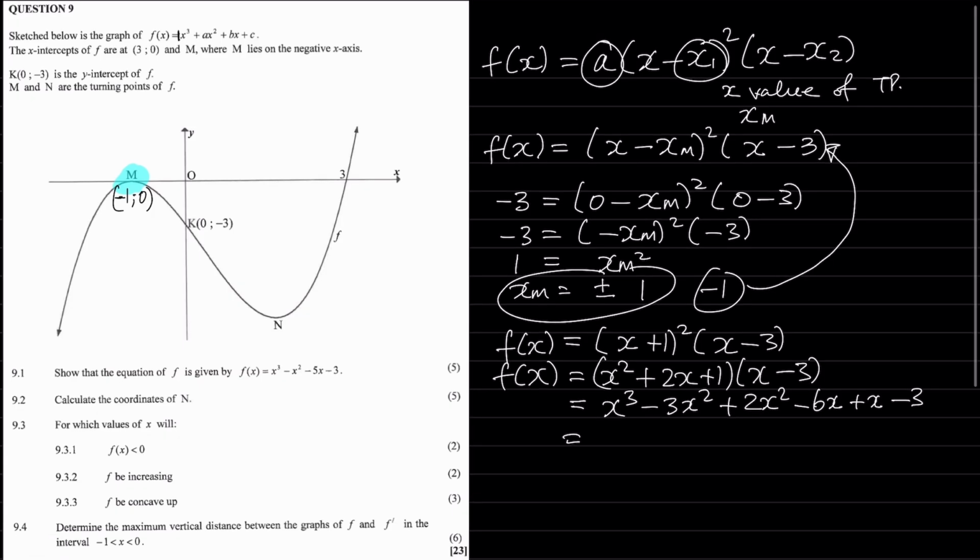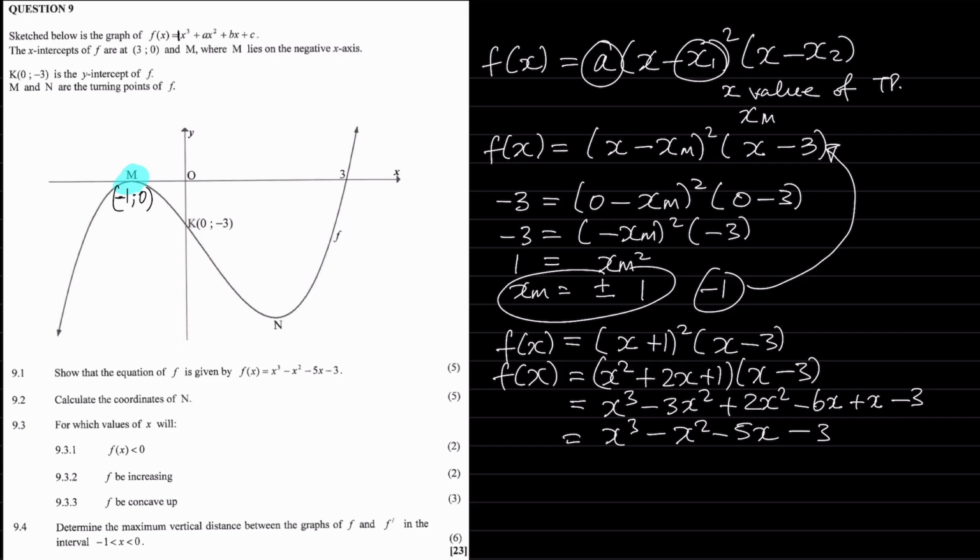Lastly, simplify. X to the power of 3 minus x squared, then minus 5x minus 3. And that's our answer.